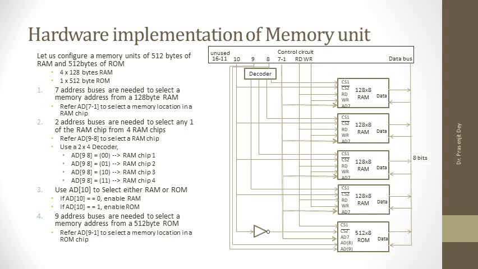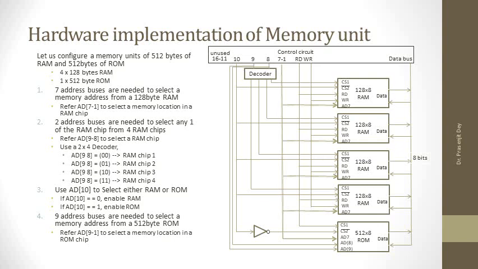If the address line values are 00, the decoder output will be 0, and it will go into the CS1 part of the first RAM chip and enable the first RAM chip. If the decoder input is 01, the decoder output will be 1, and it will enable the second RAM chip. If the decoder output is 2, it will enable the third RAM chip, and if the decoder output is 3, it will go into the CS1 part of the fourth RAM chip and enable the fourth RAM chip.